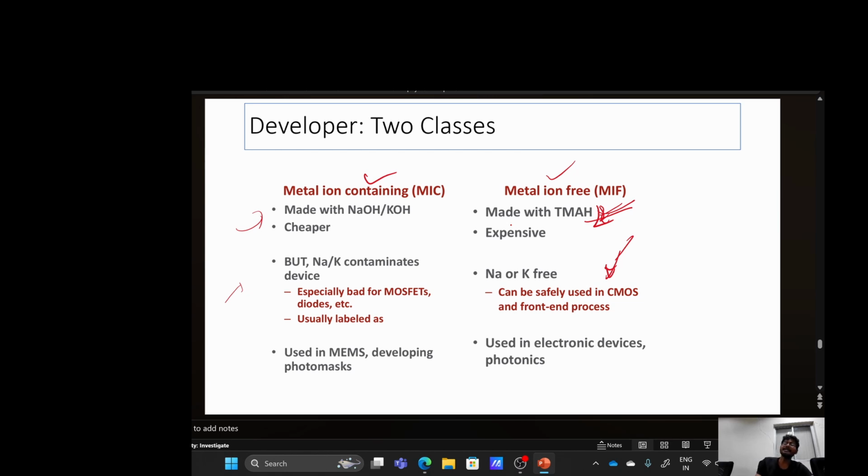But the metal ion containing developers can be used for MEMS, microelectromechanical systems, like a gyroscope or an accelerometer, if you want to make those.